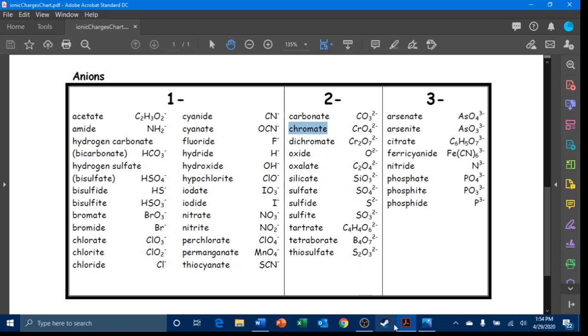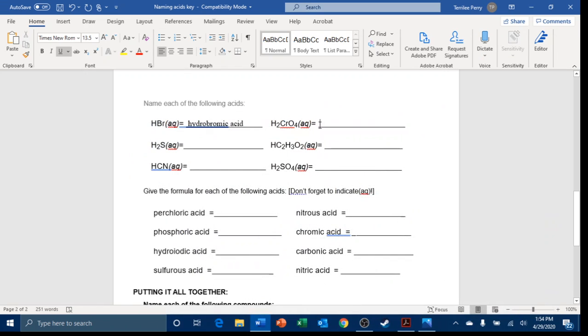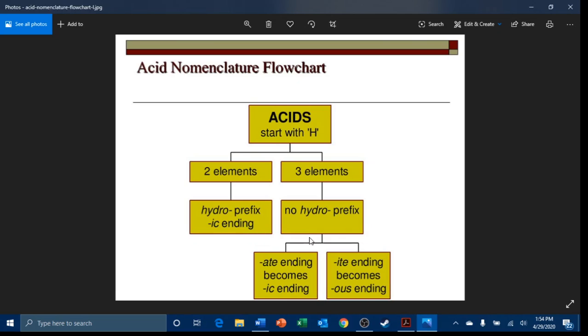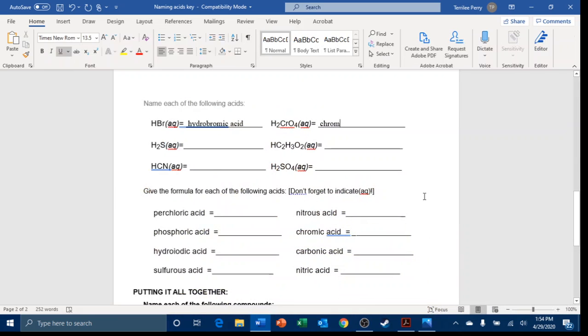Okay, CrO4, that's going to be chromate. There's 3 elements, so it's not going to have a hydro on it. Okay, so it's going to be chromate. And if you have an ate, then it's an ic. Okay, so it's going to be chromic acid.